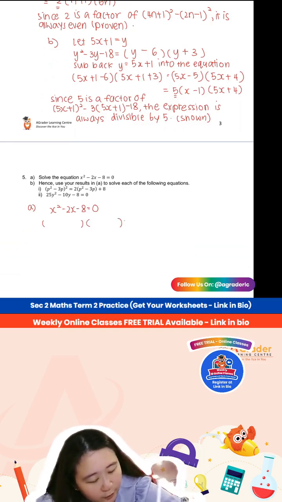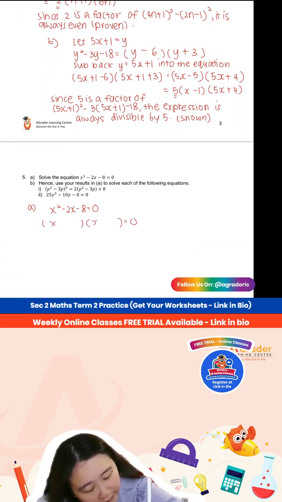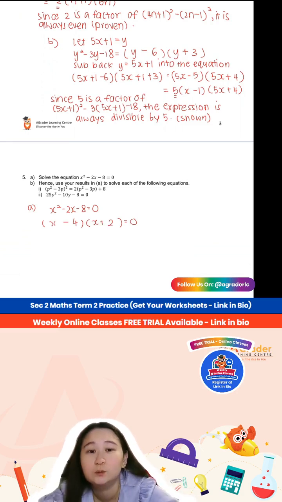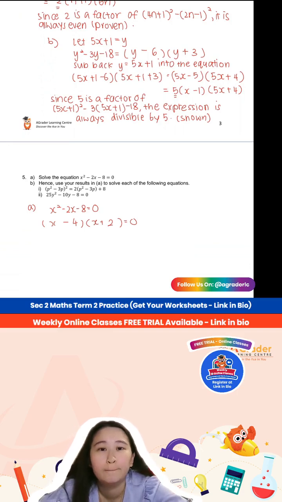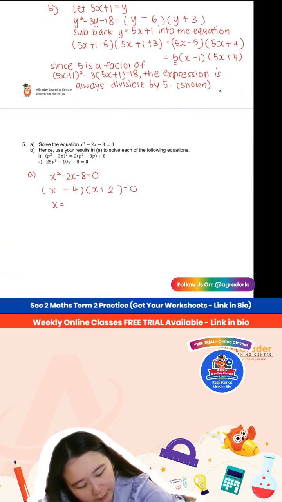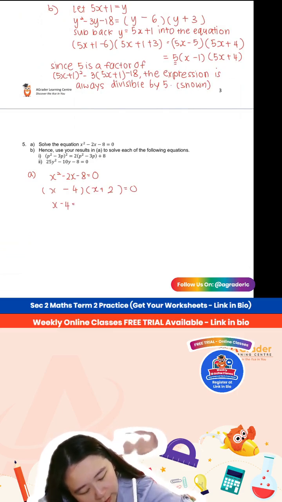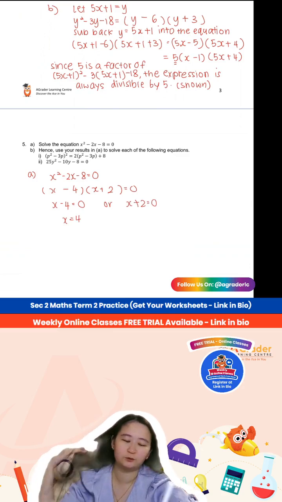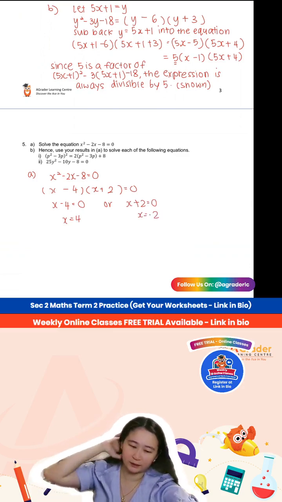X comes from x times x, x squared comes from x times x. Then for 8 will be 4 and 2. So minus 4 plus 2 gives us negative 2. So x minus 4 equals 0, or x plus 2 equals 0. So x equals 4 or x equals negative 2.